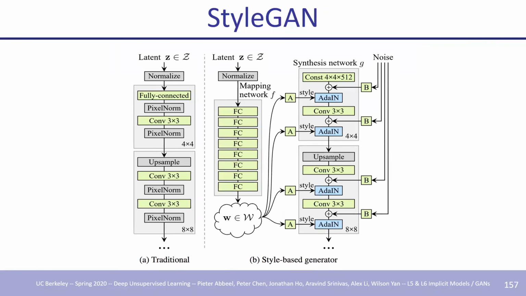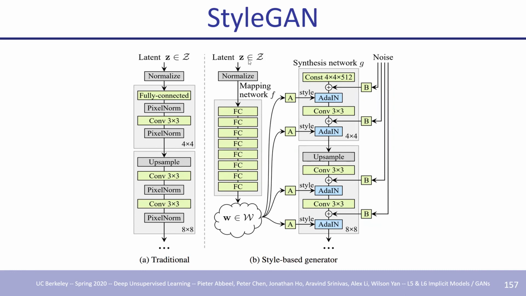Okay, so the last architecture is StyleGAN. I mean, for this hour, for the lecture that was given. Okay, so this is the traditional generator. You take Z and send it through all of these things, and then it produces an image.